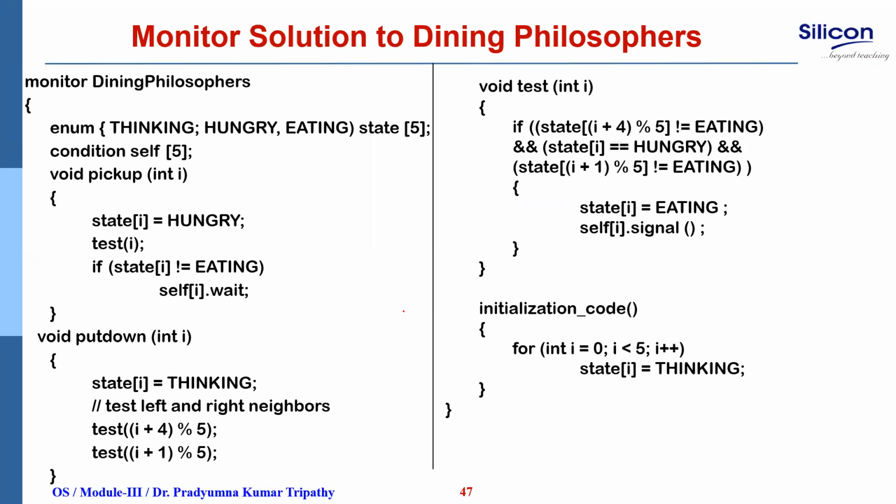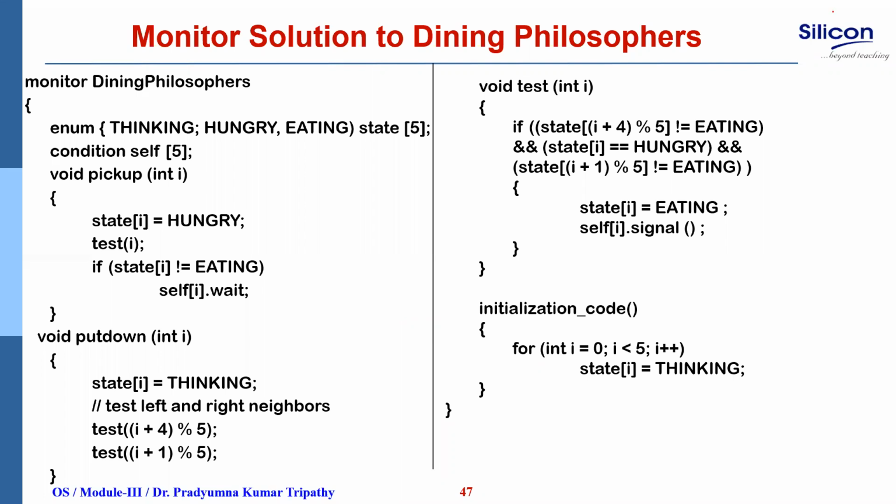Whenever a process would enter the eating state, it has to put a lock on its two neighbors, I and I plus 4 modulo 5 if 5 philosophers are there. In that way, it puts the lock.